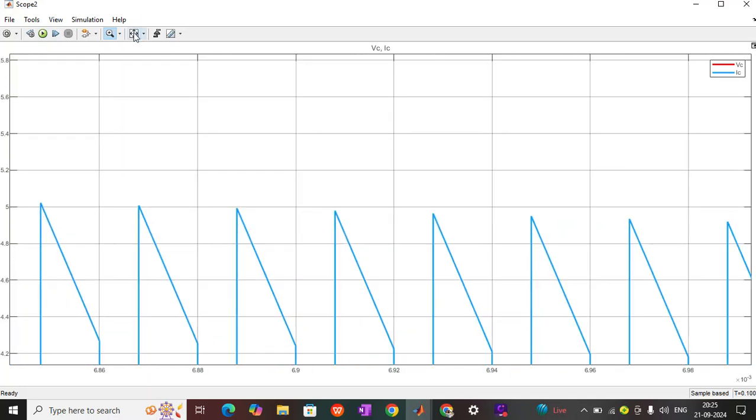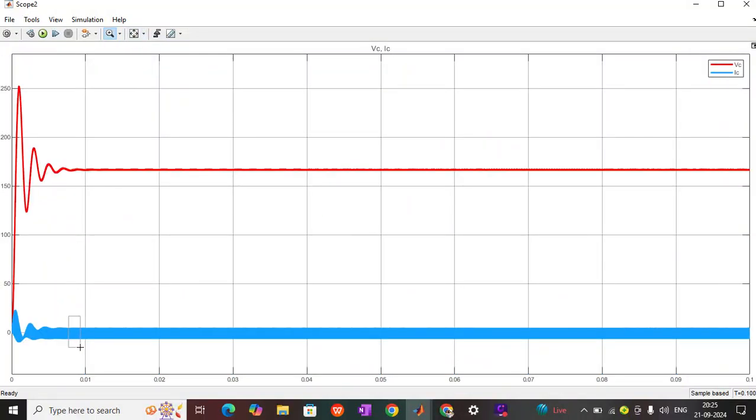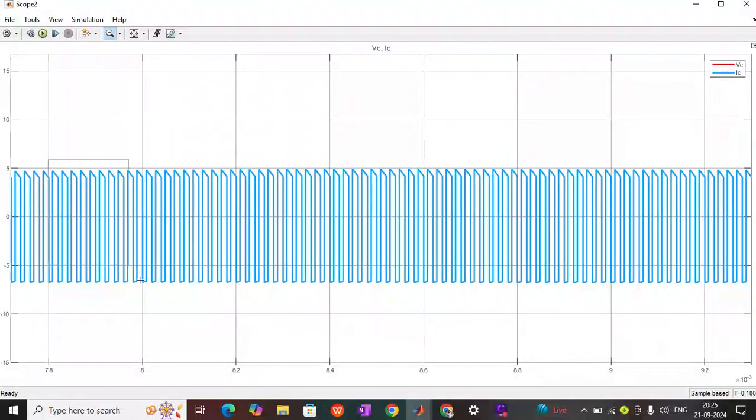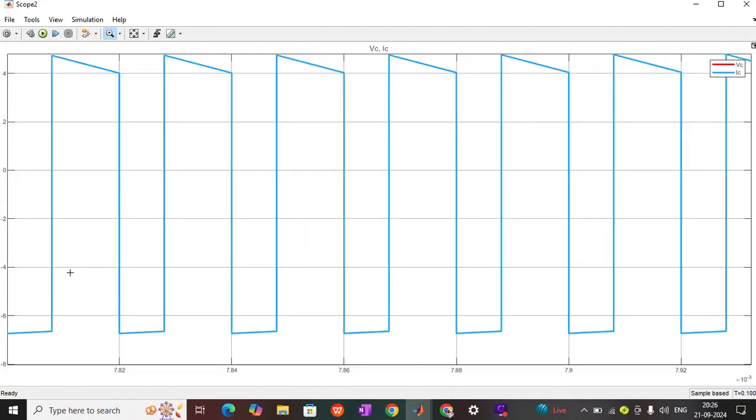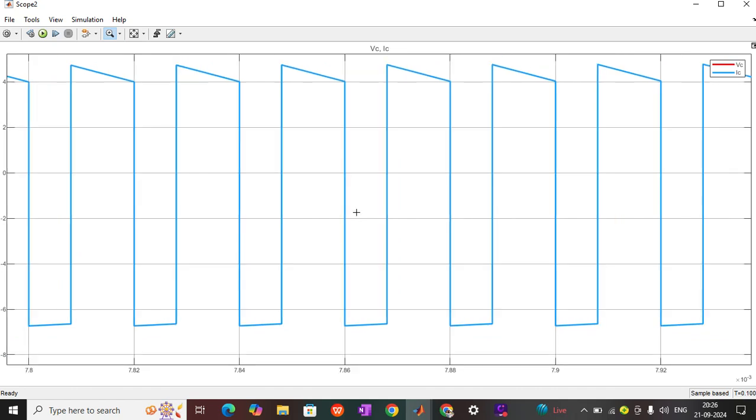Just wait a minute, I wanted to zoom it a bit. So the waveform is like this. Initially it is at some negative value, then it will go high and then decrease a bit and then again come to the negative value. So this kind of IC we will get. And this nature we have already seen in the PPT, right?